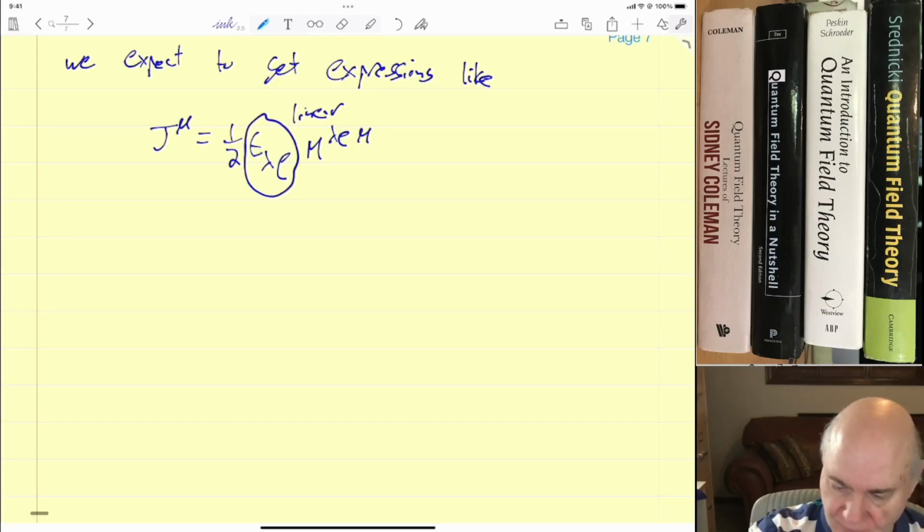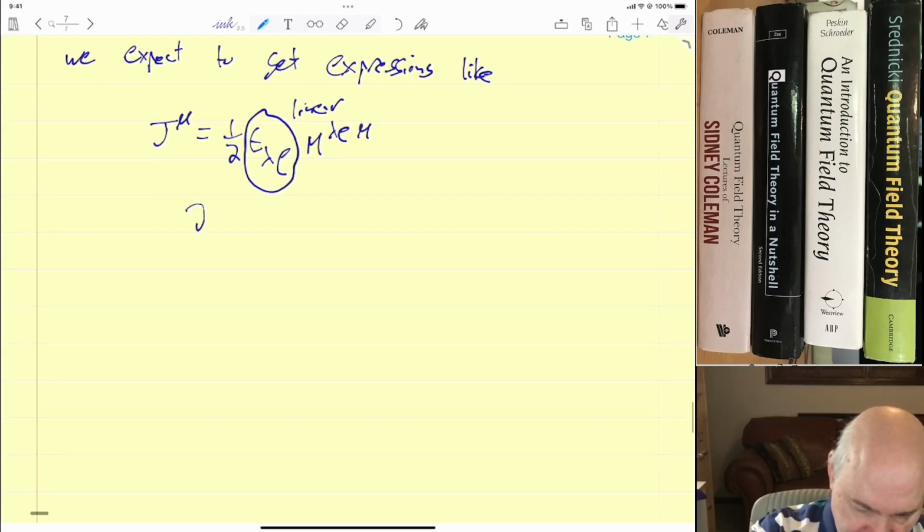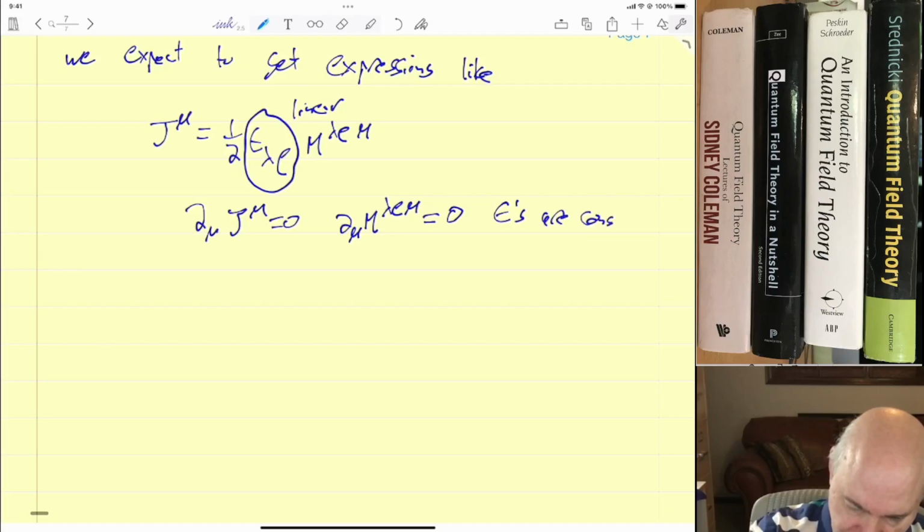Now we're going to have a 3-component object because we're doing rotations. That adds another component. And then we would expect that we factored out the epsilons, and then the partial of mu J mu conservation. If this equals 0, it implies that the partial of mu of M lambda rho mu equals 0, because again the epsilons are constant. Obviously, a lot of books will have the mu index as the first index instead of the last index here.